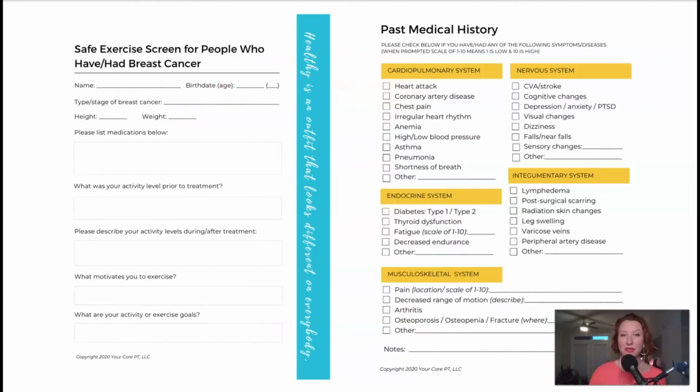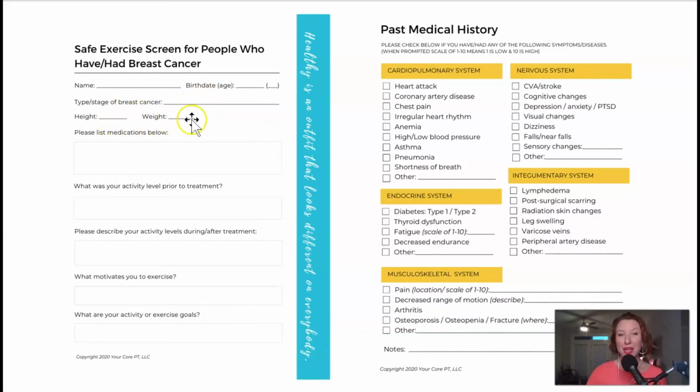So these are the first 2 of the 4 pages that I give to my patients to fill out. The most effective form of exercise will depend upon your patient's risk assessment profile and their personal factors as well. So you can see on the left page here, we're asking them about their birth date and age, the type and stage of breast cancer that they had, their height and their weight.